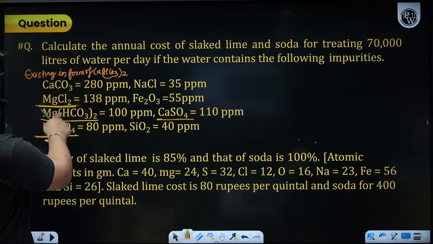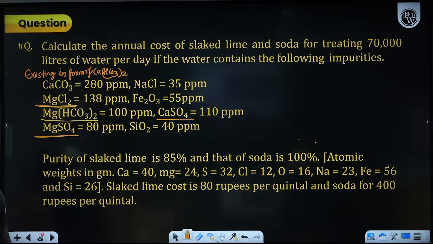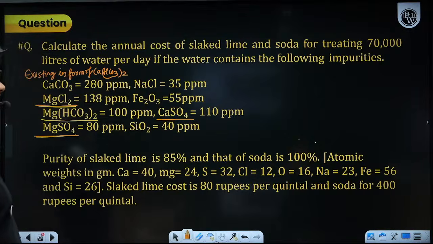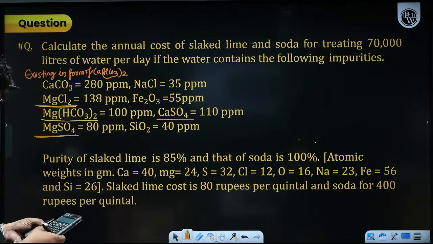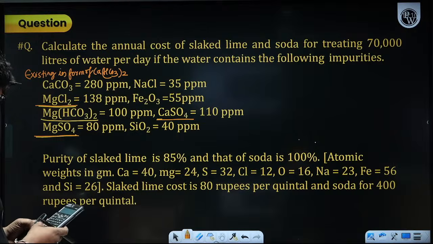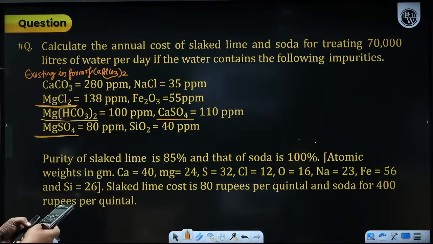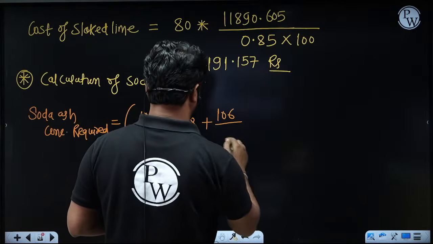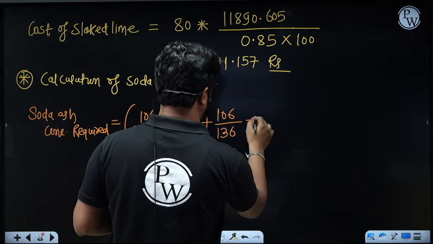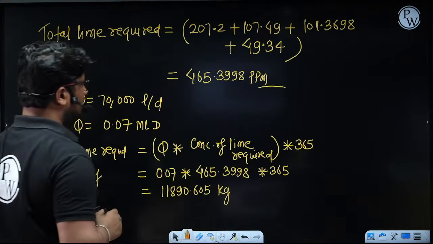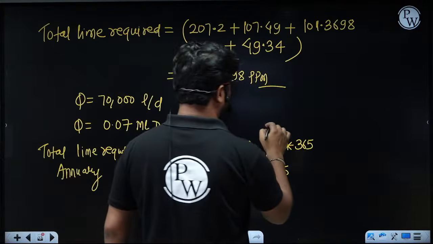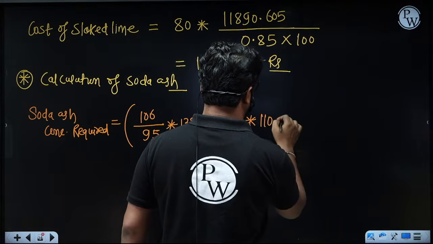After MgCl2, MgCO3. No, MgCO3 will not require it. CaSO4. CaSO4, how much will be the molecular mass? 40 plus 32 plus 64, 136. Into, currently how much is available? 110 ppm.